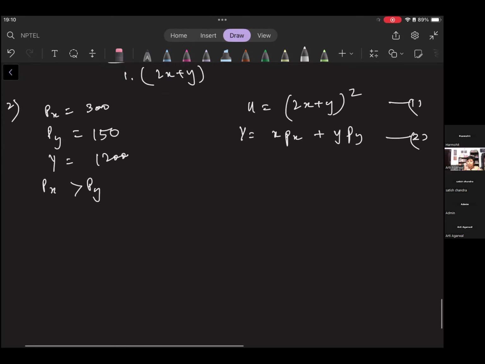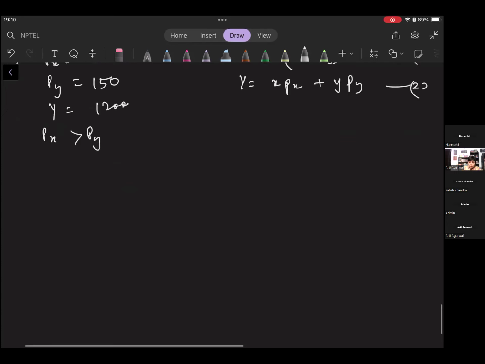When you plot even the utility function, you can ignore the negative values, since negative x and y don't make any sense. In our case, it's still going to be a straight line. So if you want, you can solve this geometrically. You can see the slope of the utility and the slope of the budget line, and then compare. Or you can just simply see that when the price of x is more than the price of y, y will be consumed almost entirely, x will not be consumed.